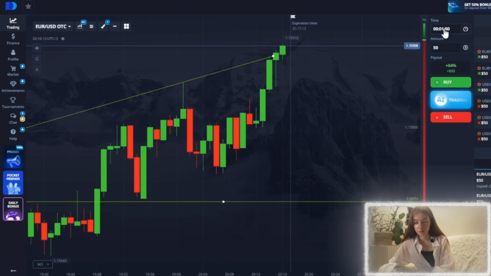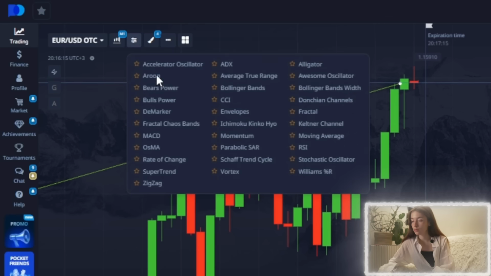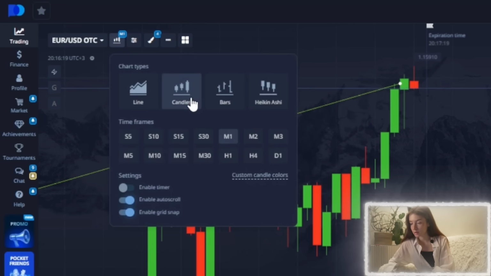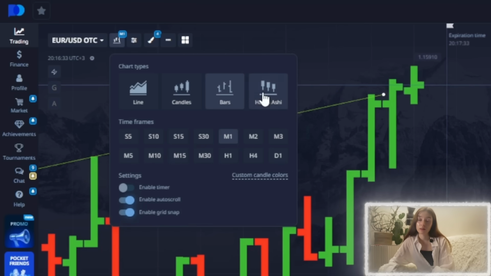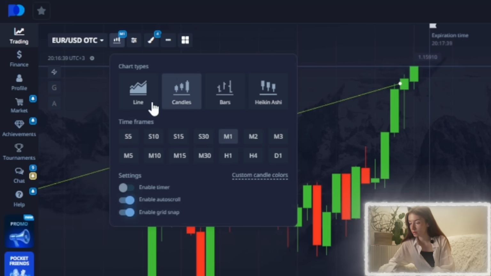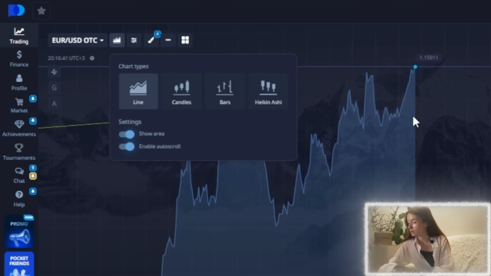Type of graphics, for example, what I wanted to show you. We have candles set, and this is the most convenient type for me personally, because candles tell us a lot about the market and help us a lot in the analysis. Again, you can choose bars, or another type of candles, or a line.